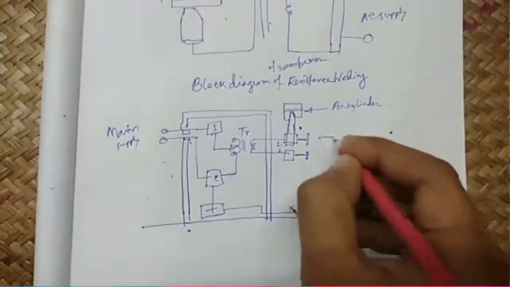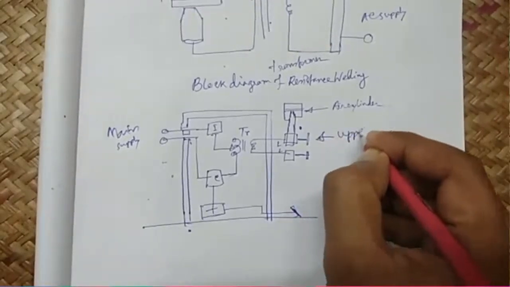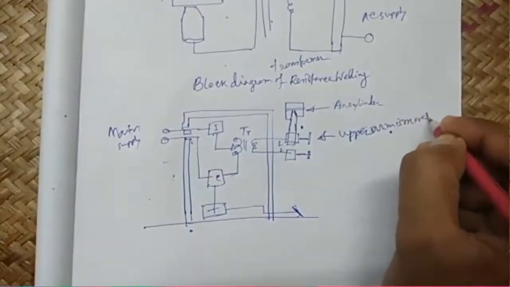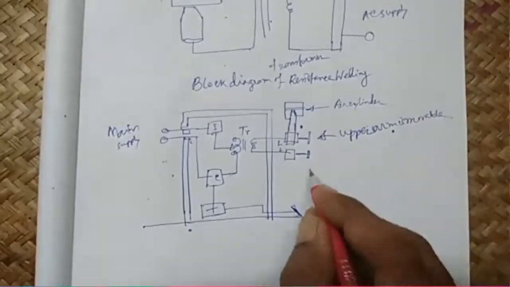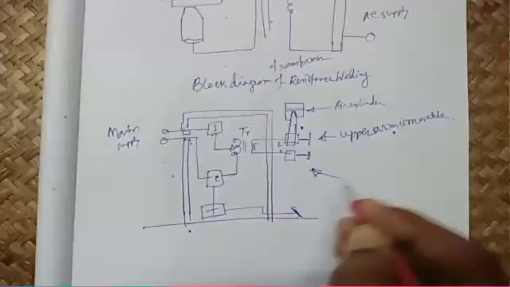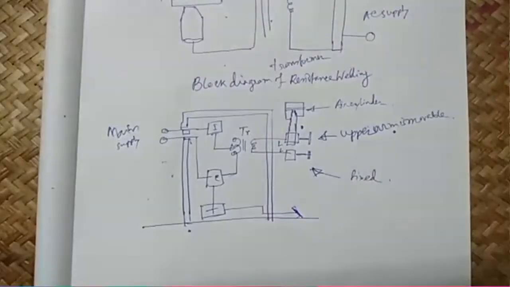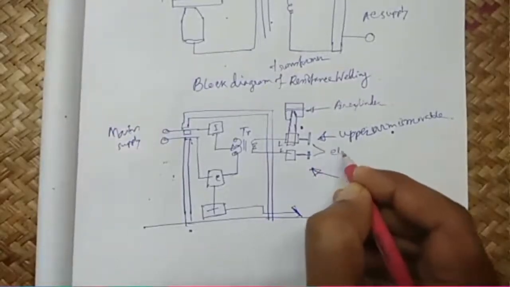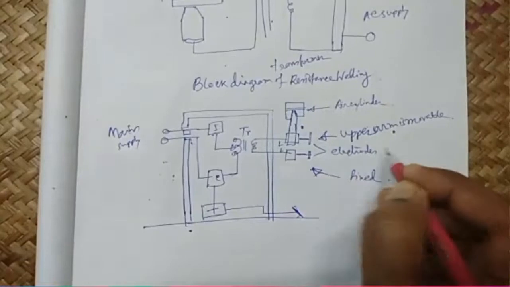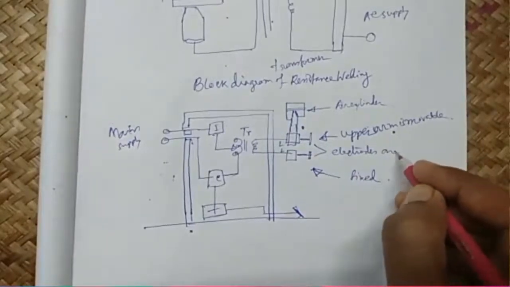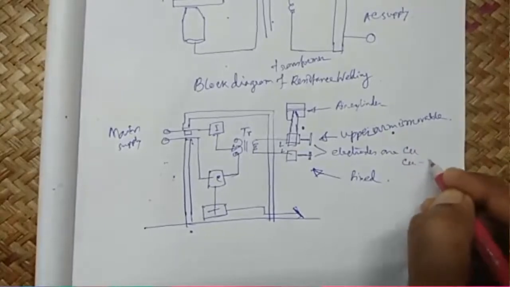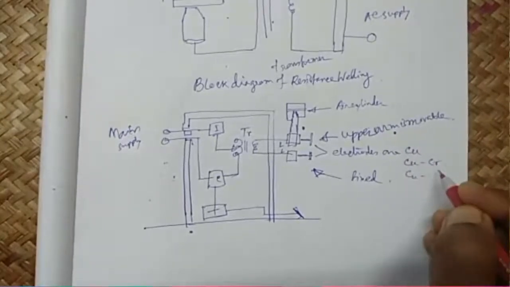So this upper arm is movable and the lower arm is fixed, and these two electrodes are either copper made or copper chromium made.